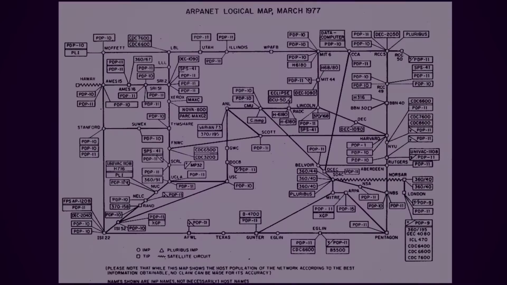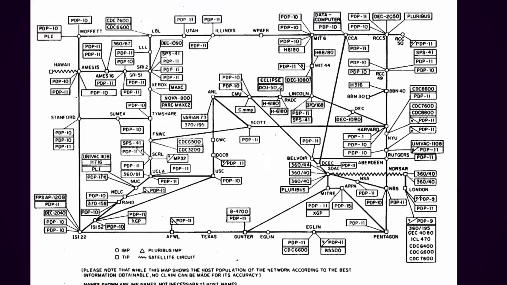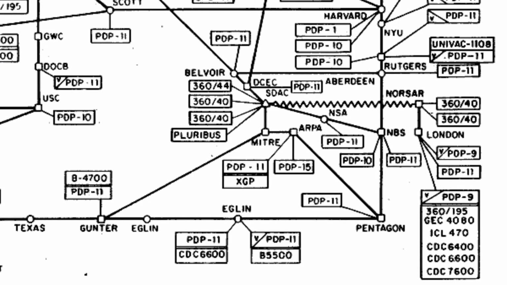In the 1960s, the first ever network was created, ARPANET. It was developed by the US Department of Defense and could share resources and information securely across the country. You can see just how complicated the network diagram is. Out of interest, in the bottom right, you can see the Pentagon, the National Security Agency, and New York University.